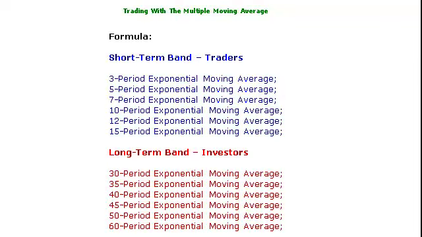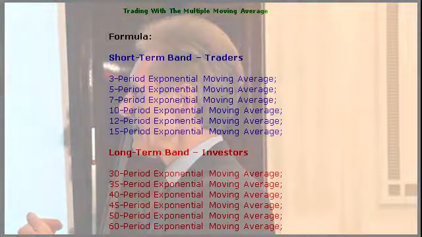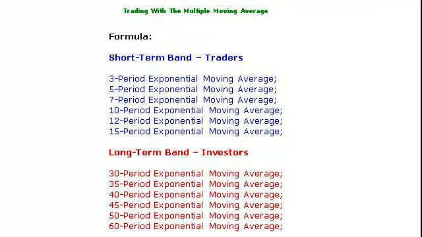Now, the interesting thing about this system is that it's almost counterintuitive that we can be using 50 and 60 period moving averages to trade with, because you'd assume that there'd be quite a lag before we were able to get any useful information out of a moving average of 50 periods. Now, to trade with the MMA bands, what we're looking for is two main things.